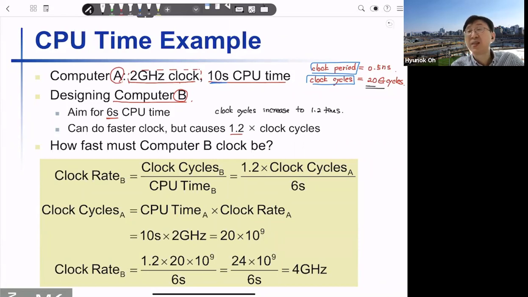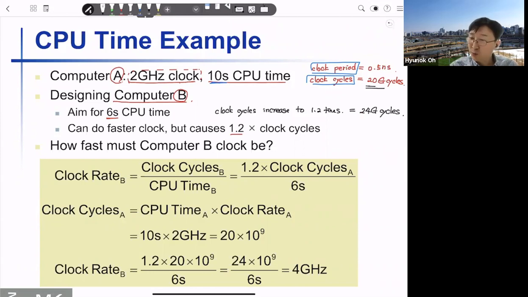Initially it was 20 gigacycles, right? Now what is it? On computer B, how many clock cycles do we need? 1.2 times more, so that's 24 gigacycles. Okay, so this is given. On computer B, we need 24 gigacycles.